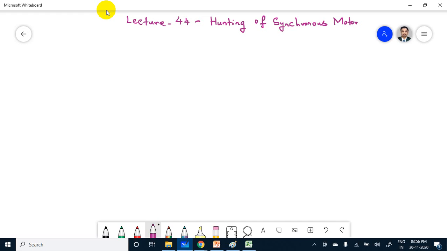So the meaning of hunting, when you know the structure of a synchronous motor, right? This is the stator.